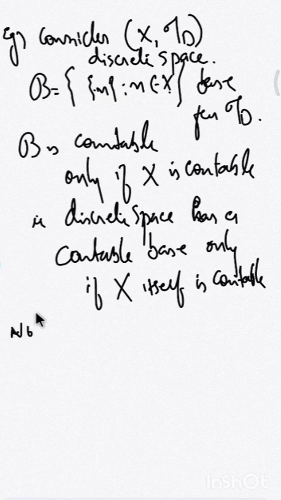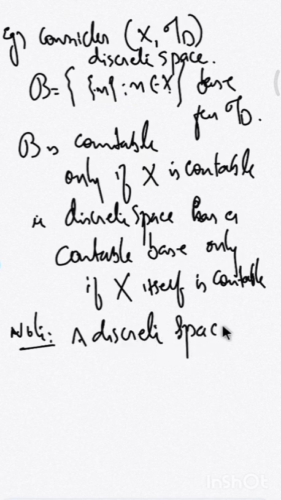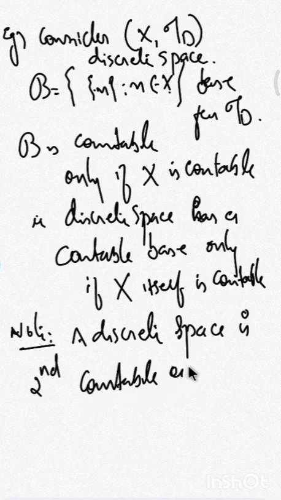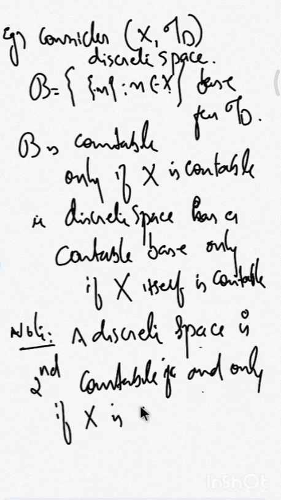Therefore, we can note that a discrete space is second countable if and only if X itself is countable.